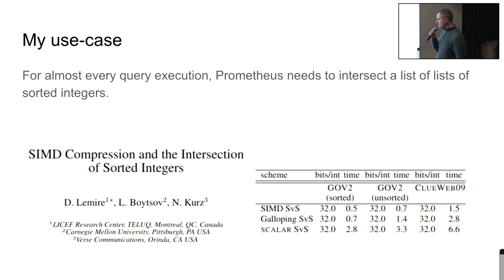There are many ways of calculating that intersection, and in this table, they are looking at the SvS method, small versus small. As you can see, the SIMD version is more than 4 times faster than the scalar one. So I was like, wow, I need this. Prometheus needs this.